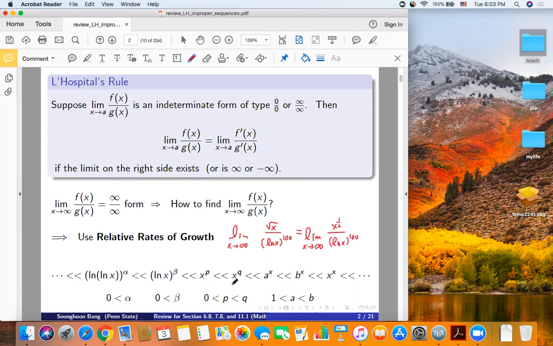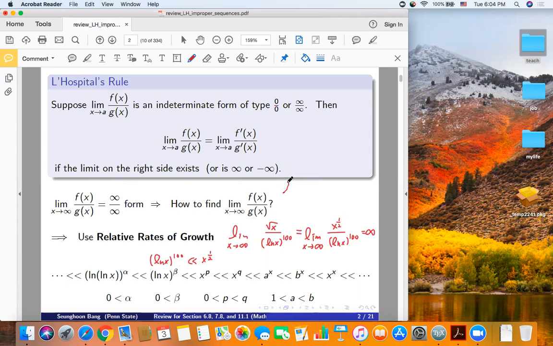So I want to use the table here. ln of x to the 100 is here, x to the 1/2 is here. Which one is growing faster? x to the 1/2 is growing faster than ln of x to the 100. The answer is infinity. This is the idea for solving this problem.